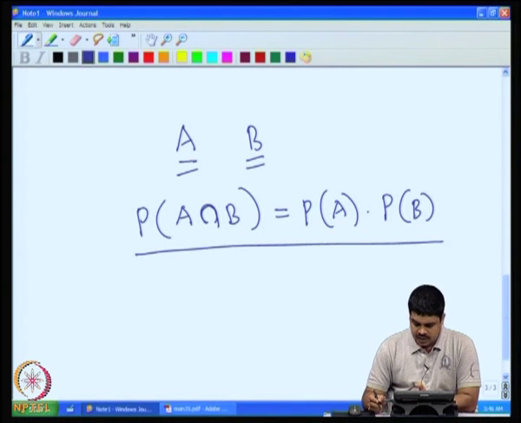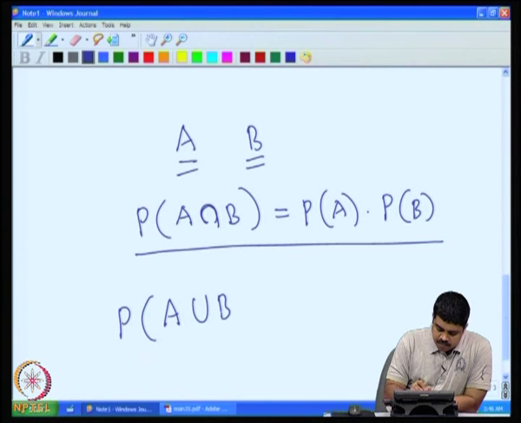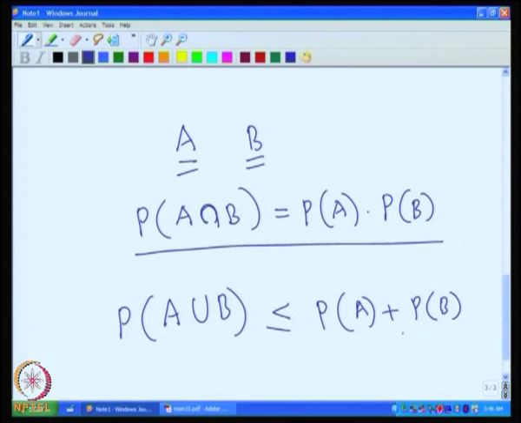And an obvious thing we have to notice is, suppose A and B are two events, then the probability of A union B is always less than or equal to the probability of A plus the probability of B. This also we will be using.